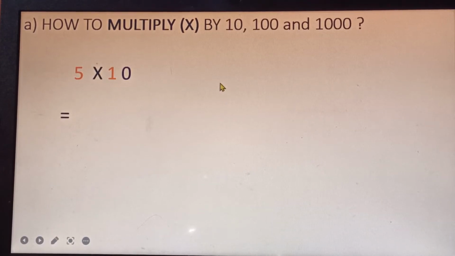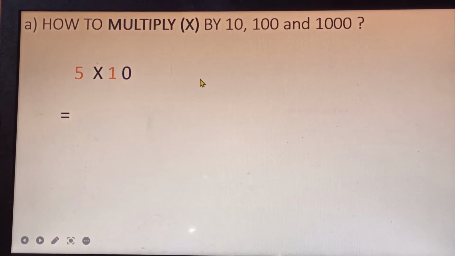But how about if we give the bigger whole numbers, nombor-nombor yang besar? Sudah tentunya we need steps to do.